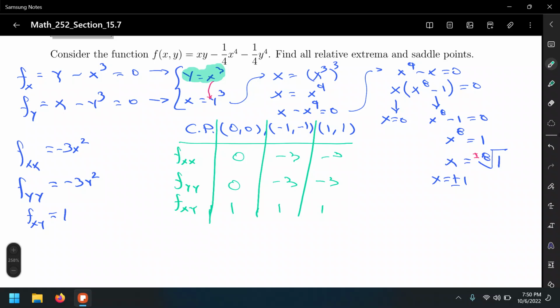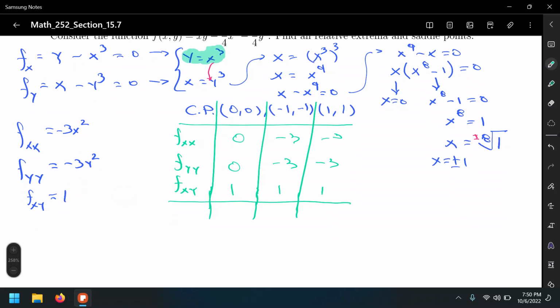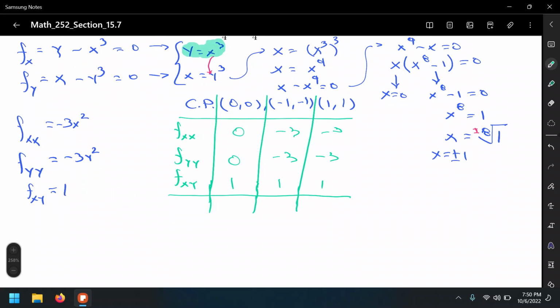All right, let's find the D values so we can compare with the corresponding fxx. All right, so let's see. Okay, 0 squared plus 0 squared is not just 0, minus 1 squared. That's -1.